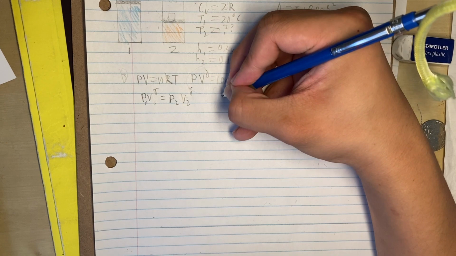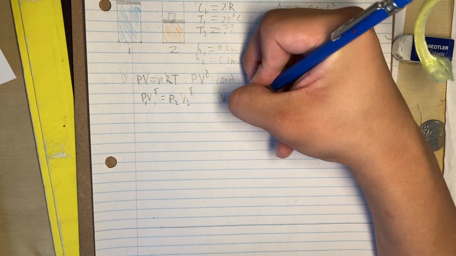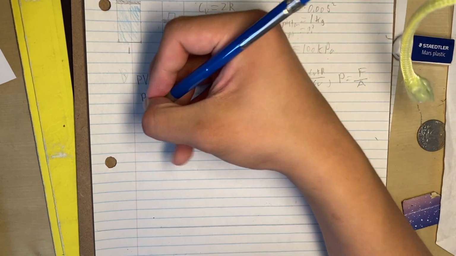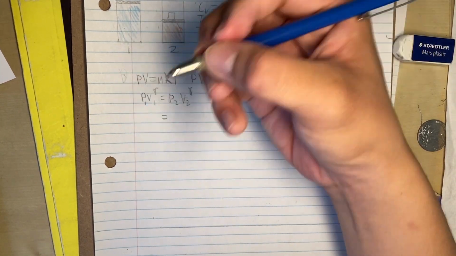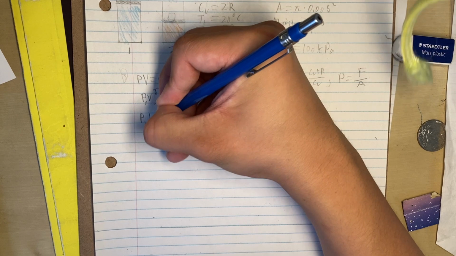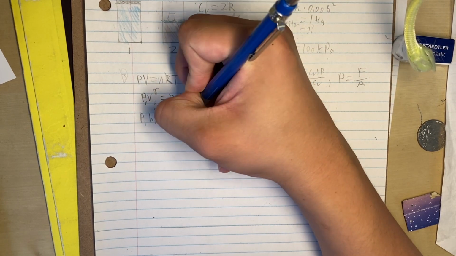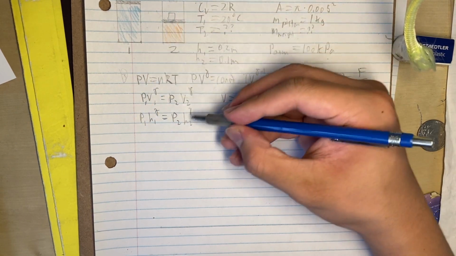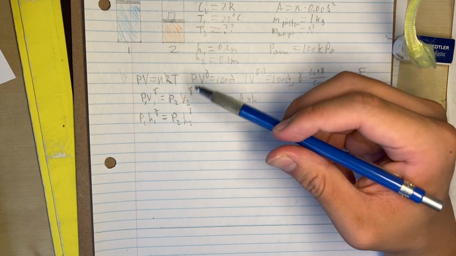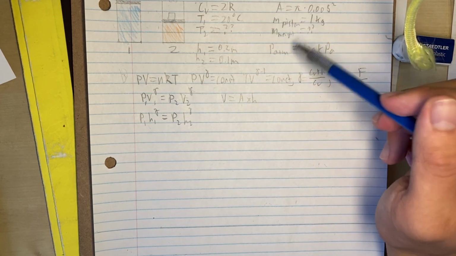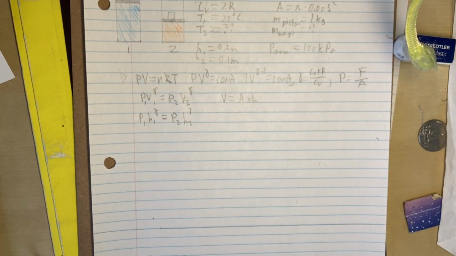Now I should note that the volume is equal to area times height, and the area is the same for both of them, so we're going to rewrite this as P1 H1 to the power of gamma equals P2 H2 to the power of gamma. Also, I'm calling this turnip, but I don't remember what it's actually called. So to go from here to here, just divide by area. Area is the same for both, so that's why it's allowed.